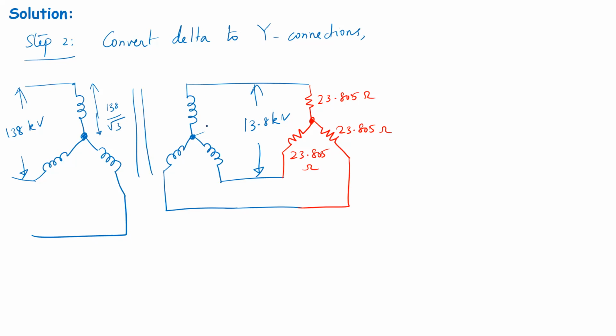And on the secondary side, the phase voltage across the transformer is going to be 13.8 divided by root 3 kV. So the turns ratio of this transformer has to be considered or calculated using the per phase voltage ratios, not the three phase voltage ratios, but per phase voltage ratios.